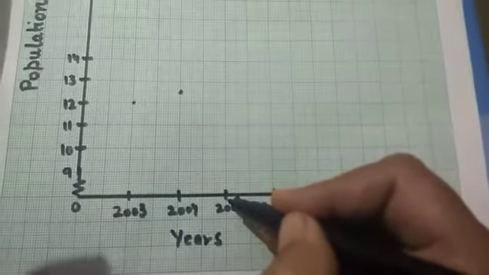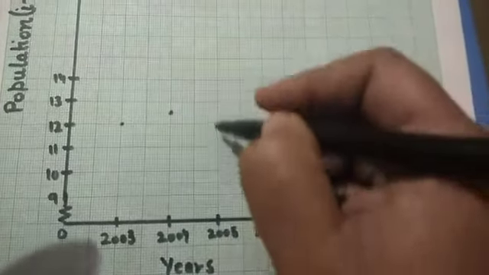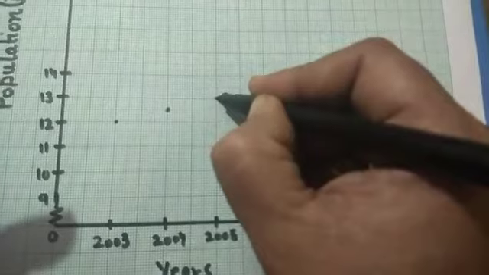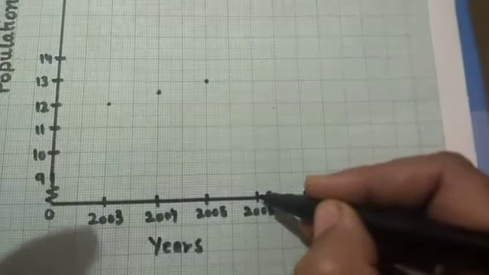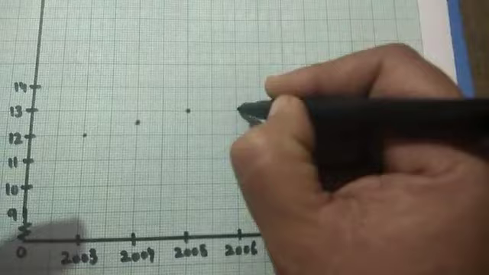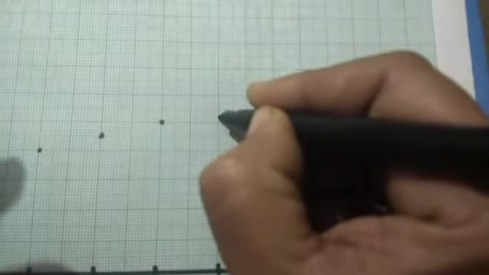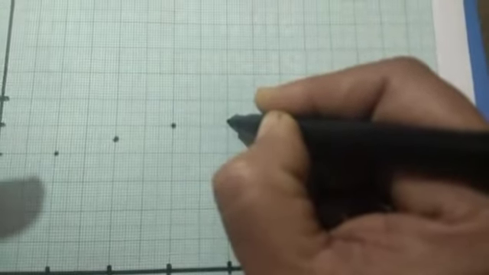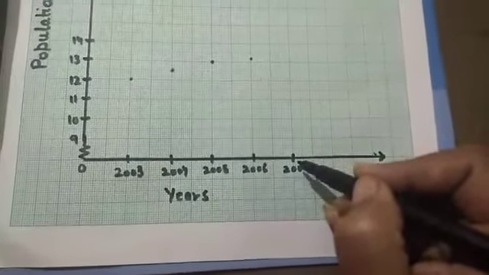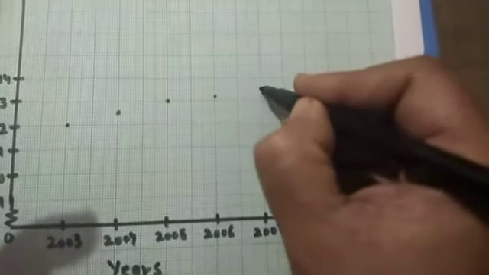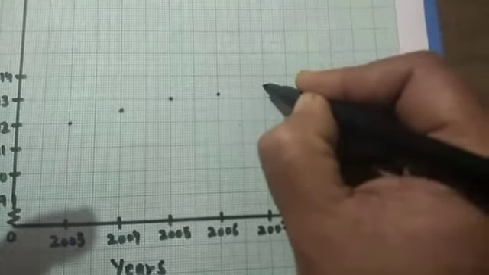And 2005, 13,000. 2006, this is 13.2. 13.1 and 13.2. Small boxes you have to count. 2007, 13.5. So this is 13.5.